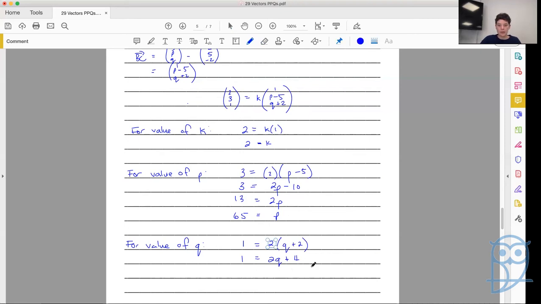So then minus 3 equals 2Q, and Q equals minus 1.5. That's more visible. So through all of that, we got that K equals 2. We have that relationship between vectors of the same direction, effectively parallel vectors. Then we use our Y component to solve for P is 6.5, and our Z component to solve for Q is minus 1.5.